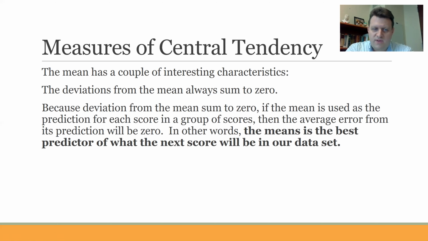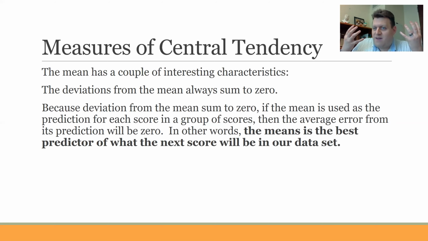Because the deviations from the mean all sum to 0, this means that if the mean was used as a prediction of the next score in the data set, let's say that we take the average SAT score of everybody at UNG, and for the next person that comes to UNG, we use the average SAT score beforehand to predict what that person's SAT score is.